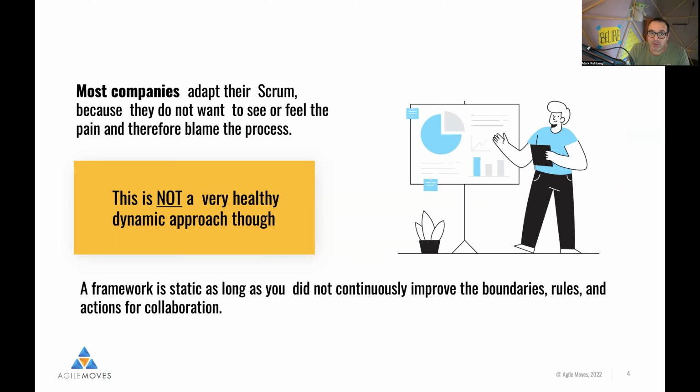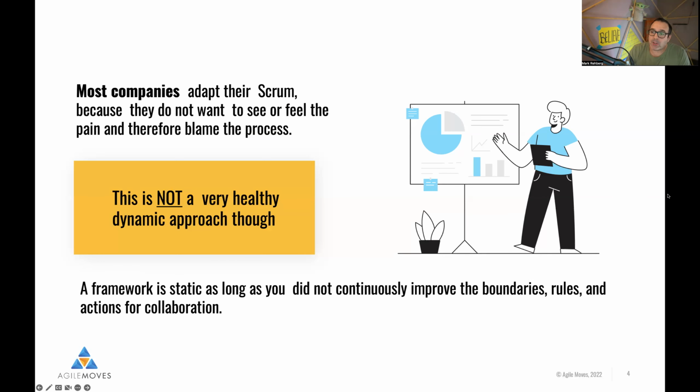Scrum is a very painful process because you can see all your faults and maybe quality issues. It is designed for this, right? So if you get rid of your daily Scrum, for example, because you don't want to see the pain when people cannot really work together, this is not a very healthy approach.